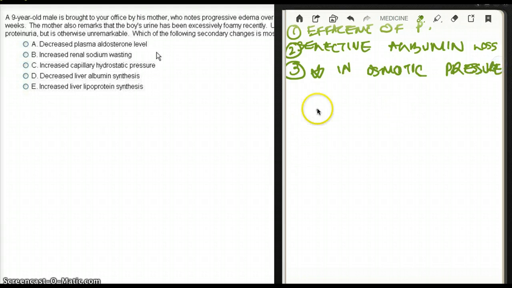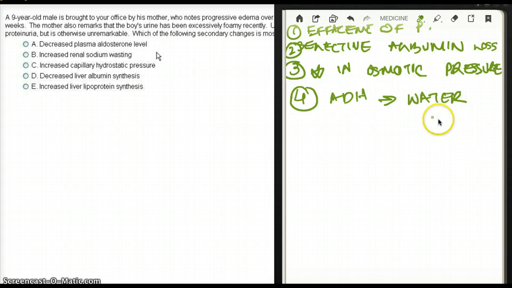As the osmotic pressure drops, the compensatory process becomes stimulated. So we're going to have ADH released into the blood, which is going to cause both water retention and some sodium retention, because water follows sodium. So if water is retained, some sodium is also retained, and more water is absorbed into our system.